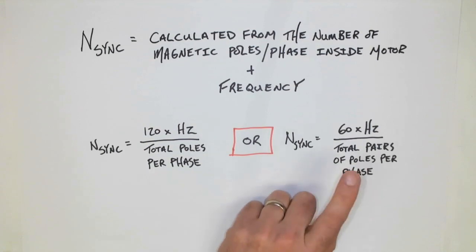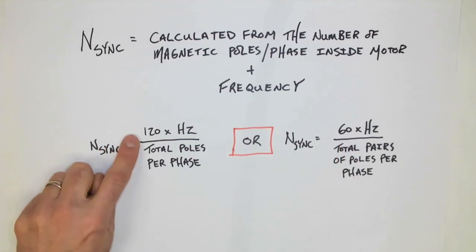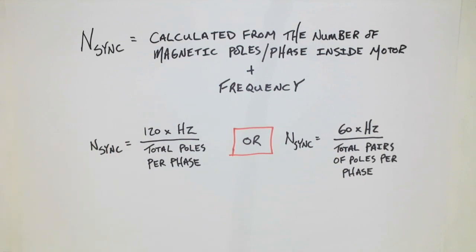This one's looking at the pairs of poles. Pairs, pair of shoes, two to a pair. Notice the multiplier, 60 and 120. Slightly different. Notice I put the word or, which means I don't care which one you use, nor does anyone else, because they both give exactly the same answer.